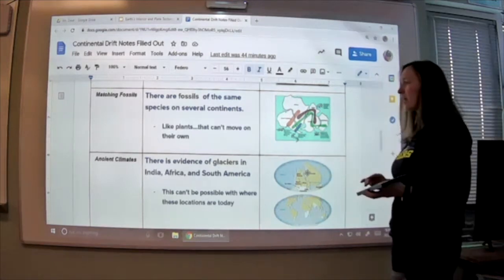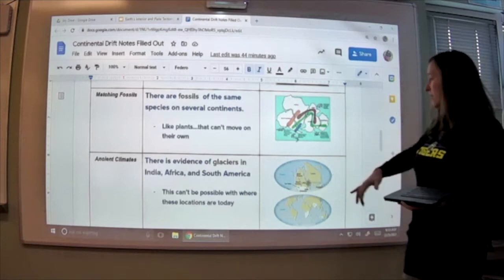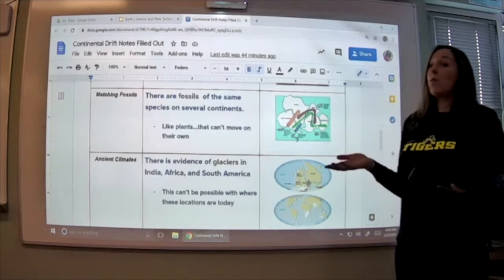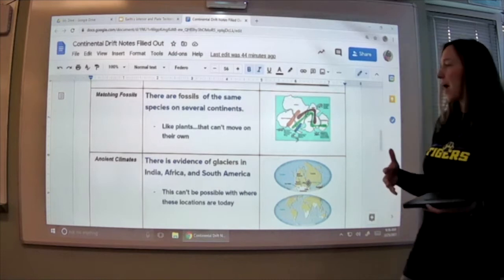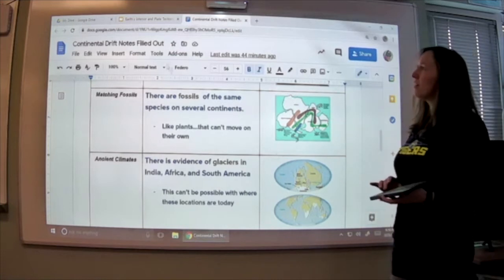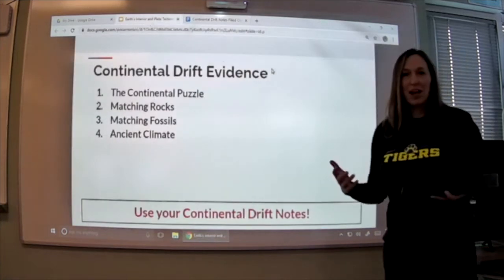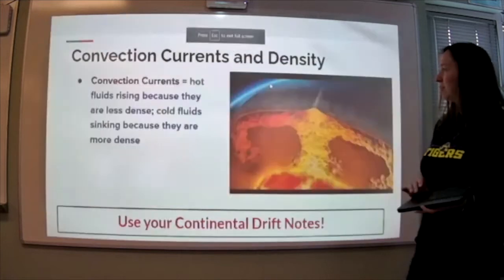And finally, the last main piece is ancient climates. There is evidence that in Australia, Africa, and India, there were at one time glaciers. That's just not physically possible with where they're located today. So these are the 4 main pieces of evidence that Alfred Wegener used to support the idea that the continents once moved. That's continental drift evidence.